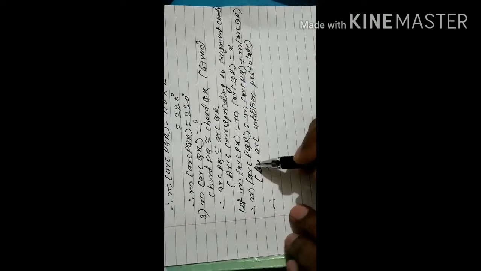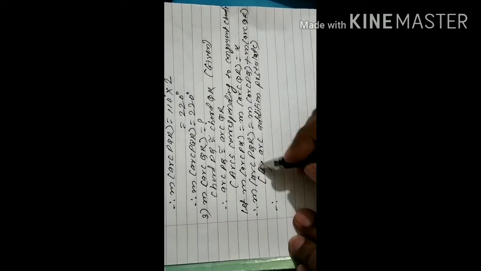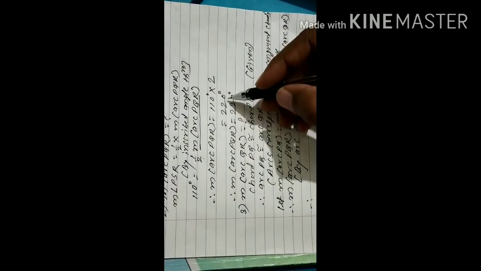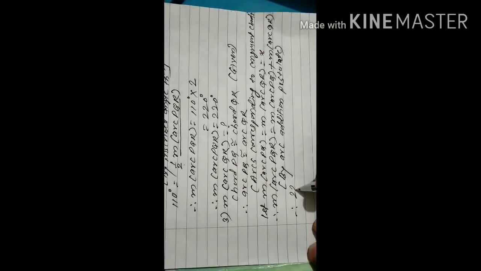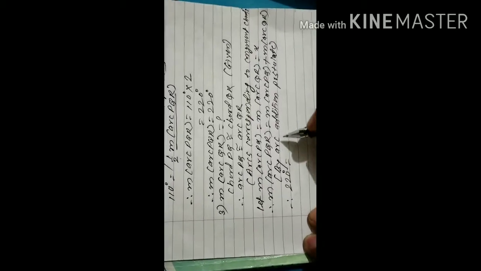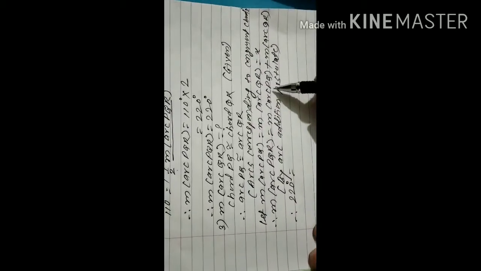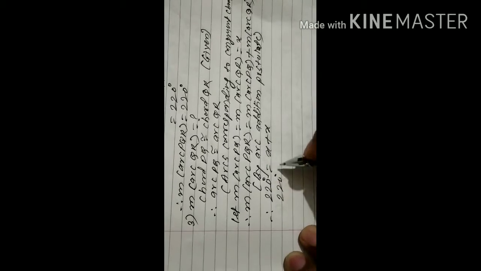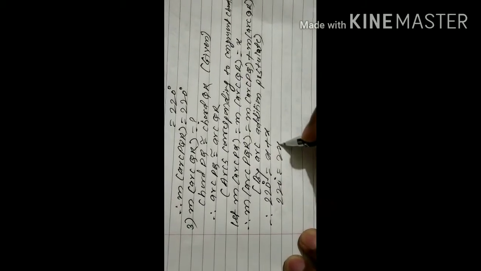Therefore, I substitute the values. Measure of arc PQR is 220 degrees. This is equal to X plus X, which is 2X.